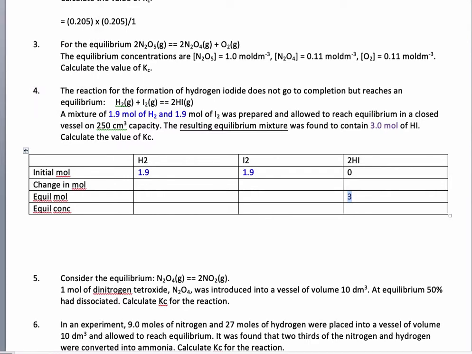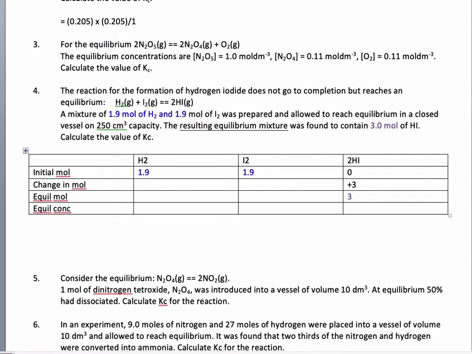So now I need to fill in the change in moles line, and this is easy to do. It's easy to spot where you need to do it because it's the only position where you have an initial amount and an equilibrium amount. So I started with 0, I've ended up with 3, so this is plus 3 moles that have been made.